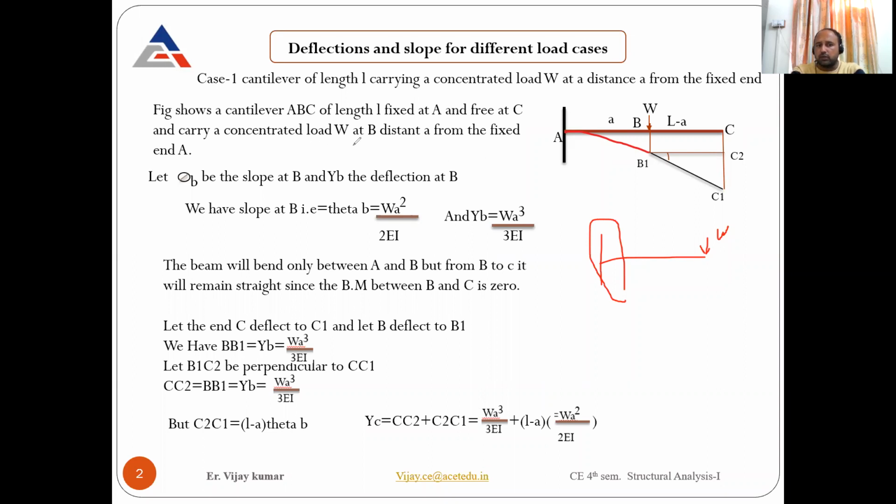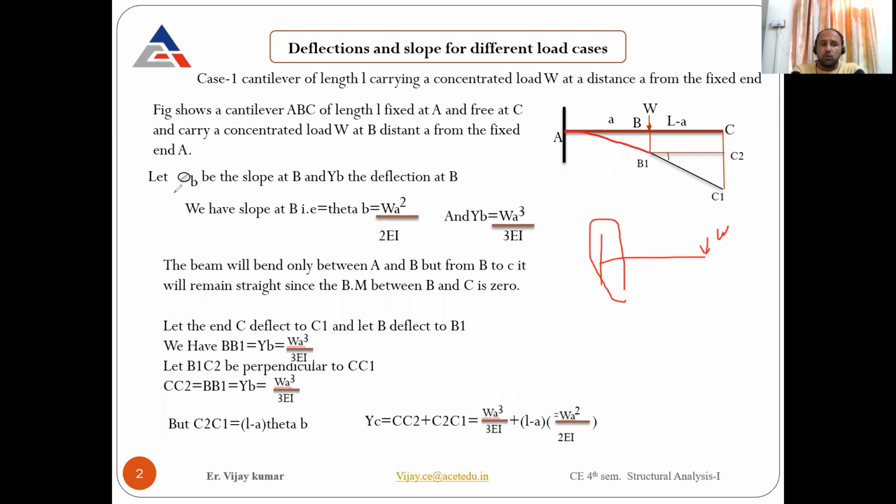The concentrated load W acts at B, at a distance a from the fixed end A. The question was given as a cantilever beam ABC with a point load W acting at a distance a from the fixed end.